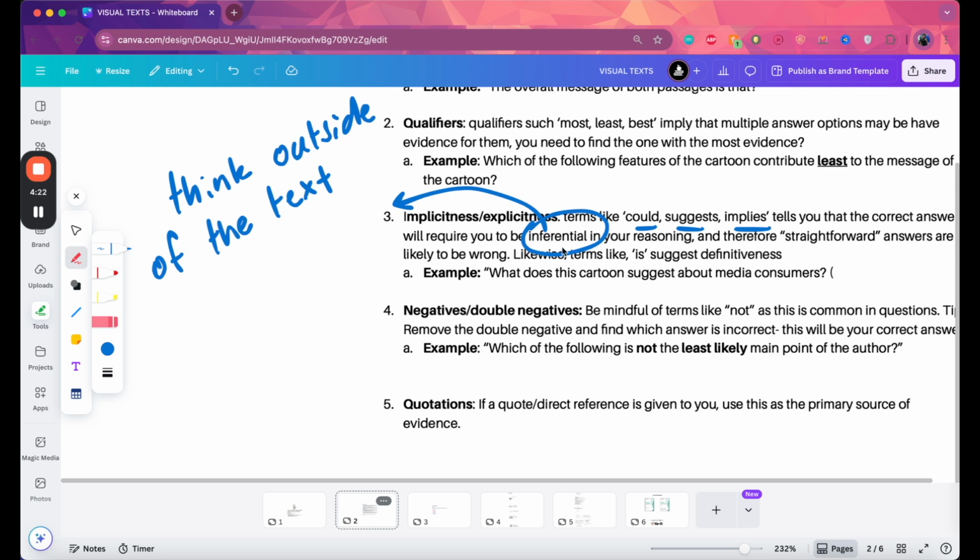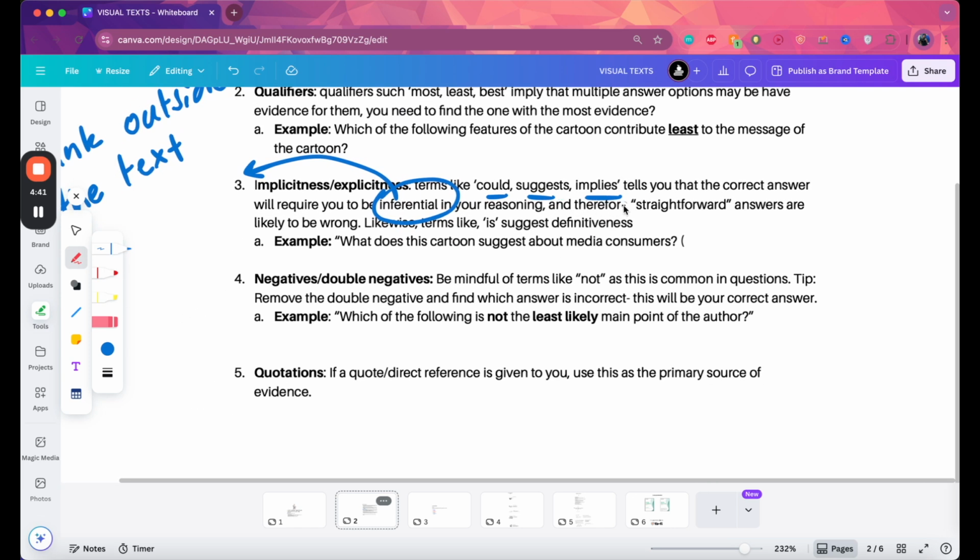So in some cases we have to infer in order to get the answer, whereas in other cases it's explicitly stated. But because the GAMSAT tries to be a little more difficult than normal exams, they will test your inferential skills and your ability to make conclusions from what you've been given. Straightforward answers are likely to be wrong because you have to infer it.